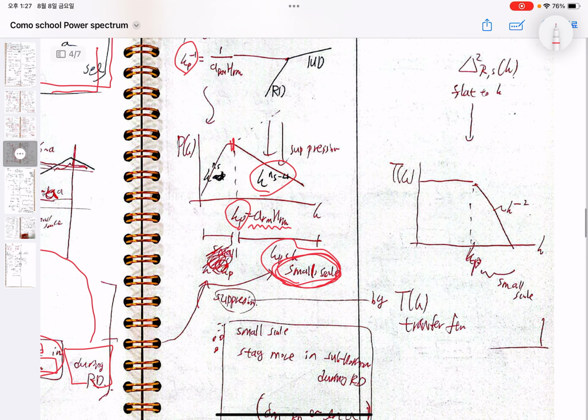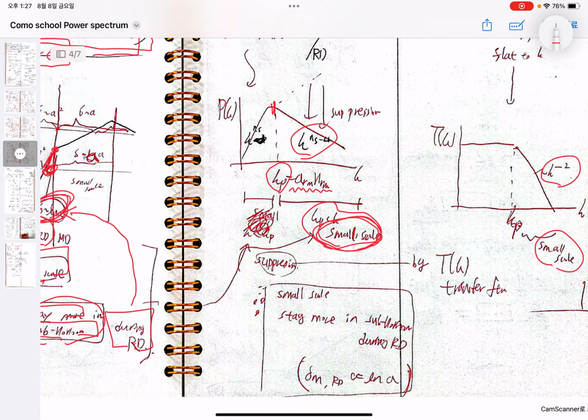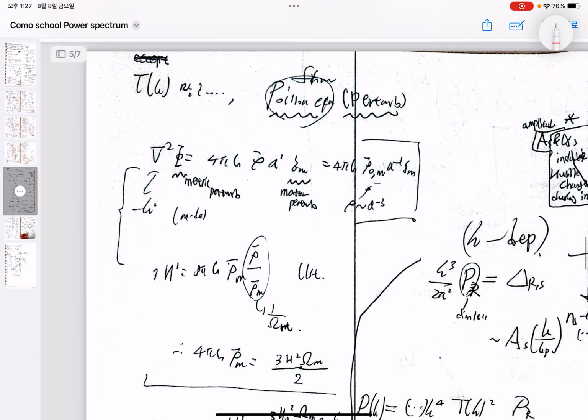So the transfer function can be written as a suppression in the small scale, proportional to k to the minus 2. Later, I will derive the exact proportionality of the power spectrum about the k mode.